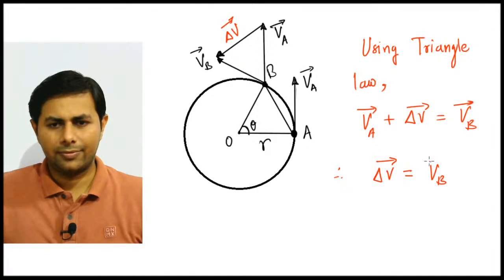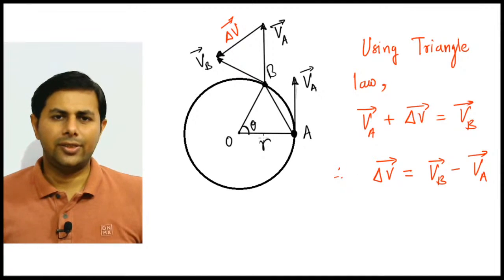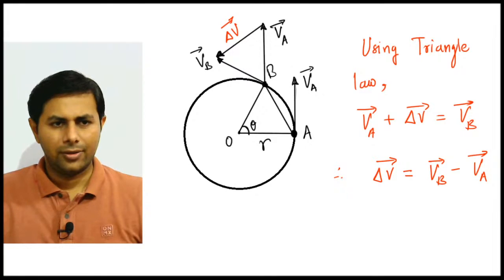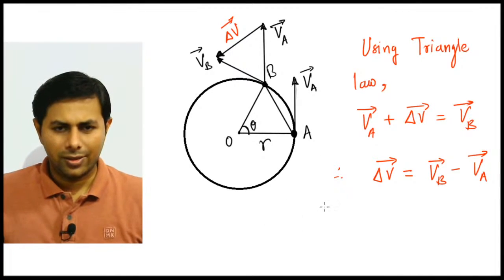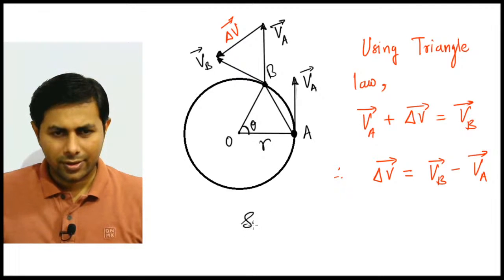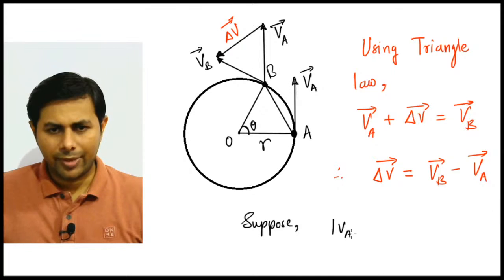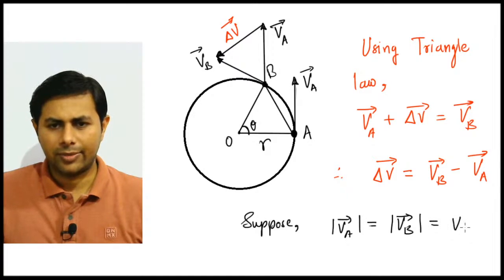VB bar minus VA bar. Okay, so then since the object is performing uniform circular motion, we can say that the magnitude of velocity remains constant. So suppose that magnitude of VA bar is equal to magnitude of VB bar, and suppose that's equal to V.